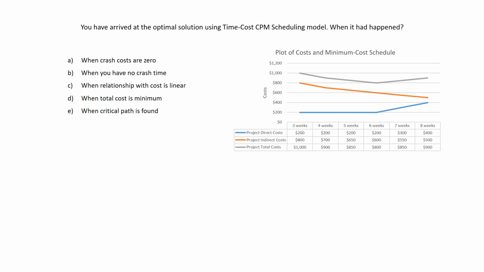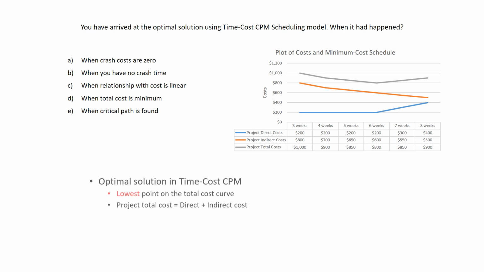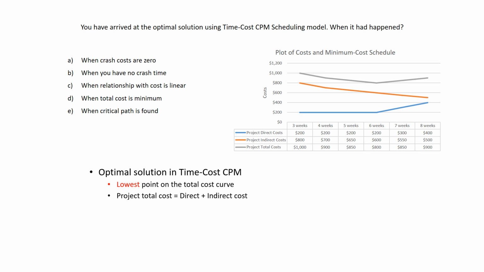There are indirect costs in blue, direct costs in orange, and total costs in gray. Optimal solution in time cost CPM is the lowest point on the total cost curve, which is in gray. Project total cost is the addition of direct costs plus indirect costs.